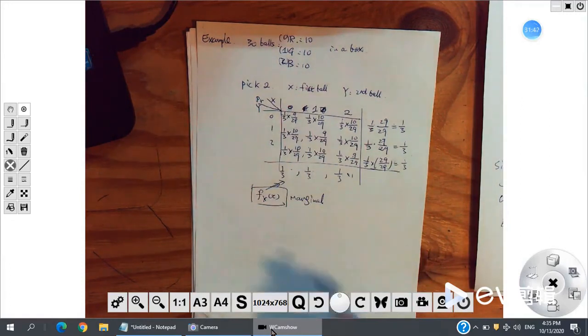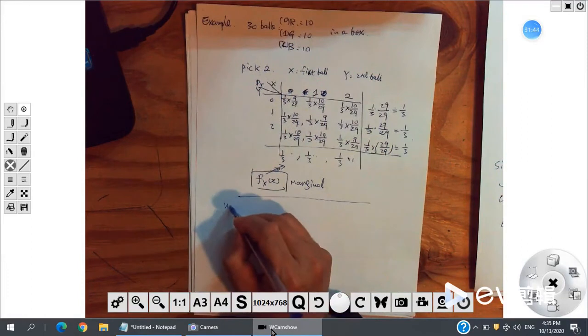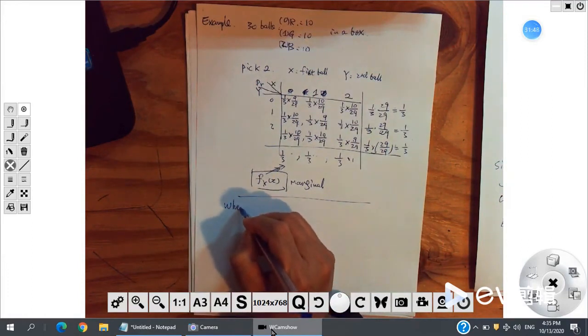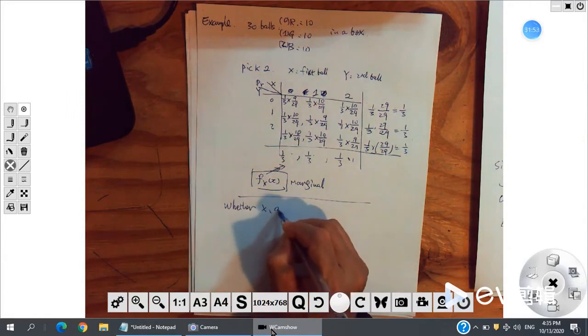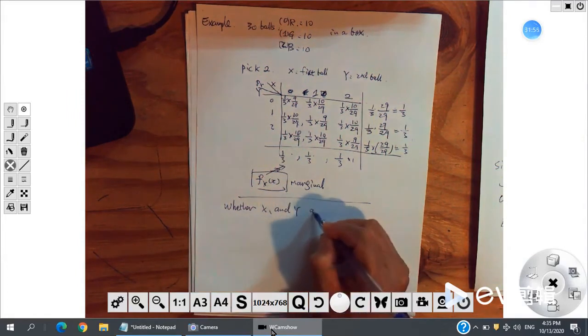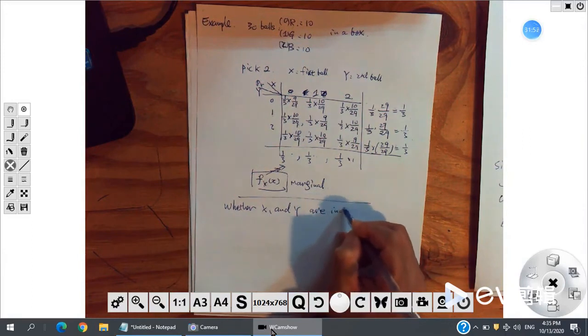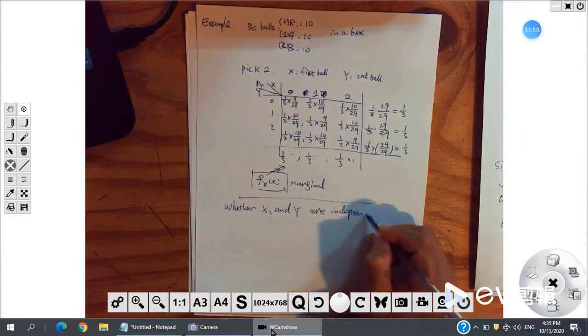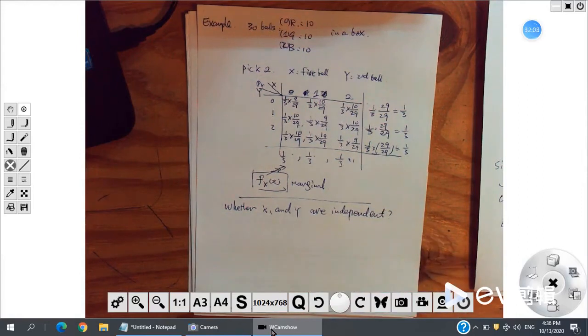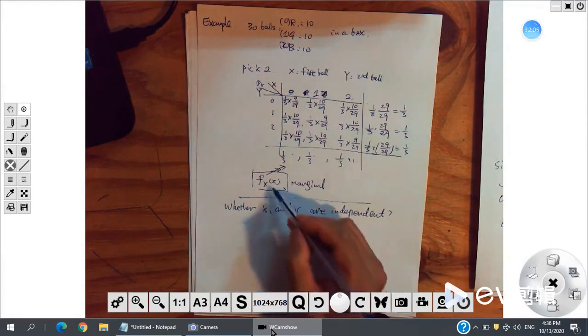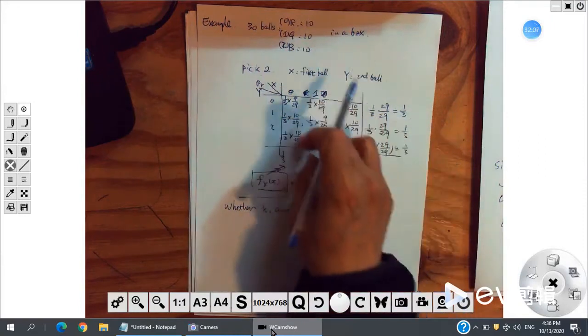And then I want to know whether X and Y are independent. To check whether they are independent, you just check whether the marginal times the marginal gives the joint distribution.